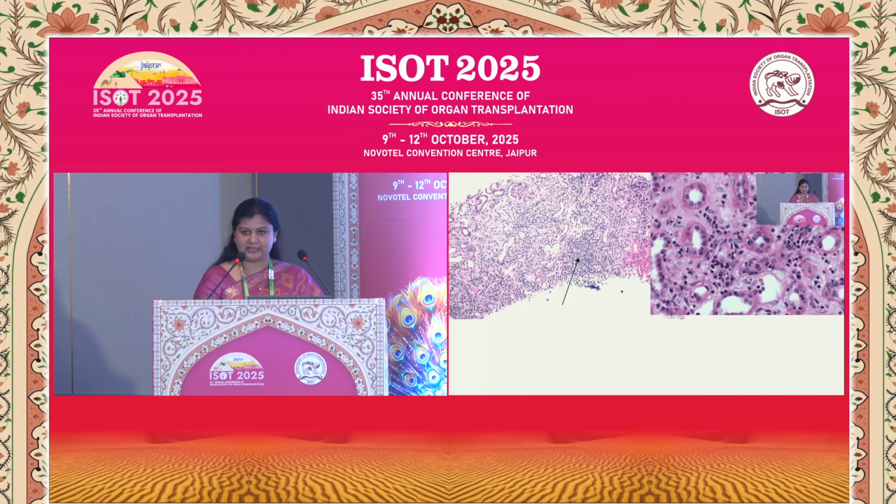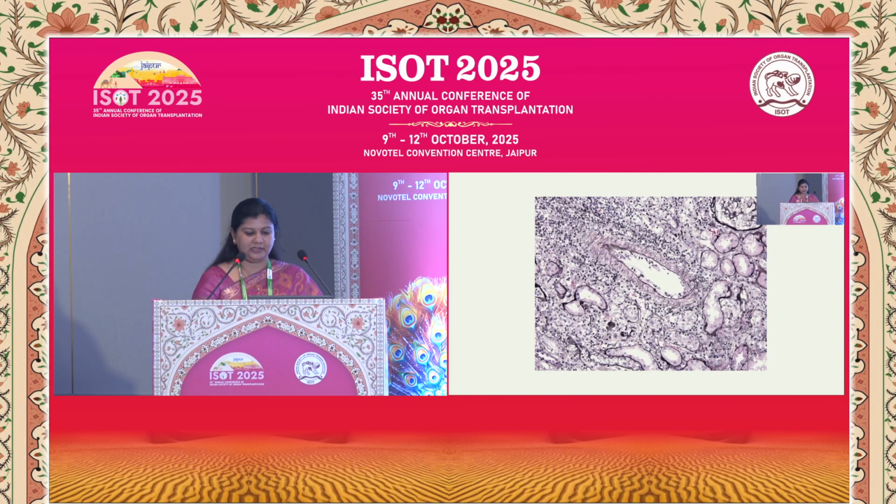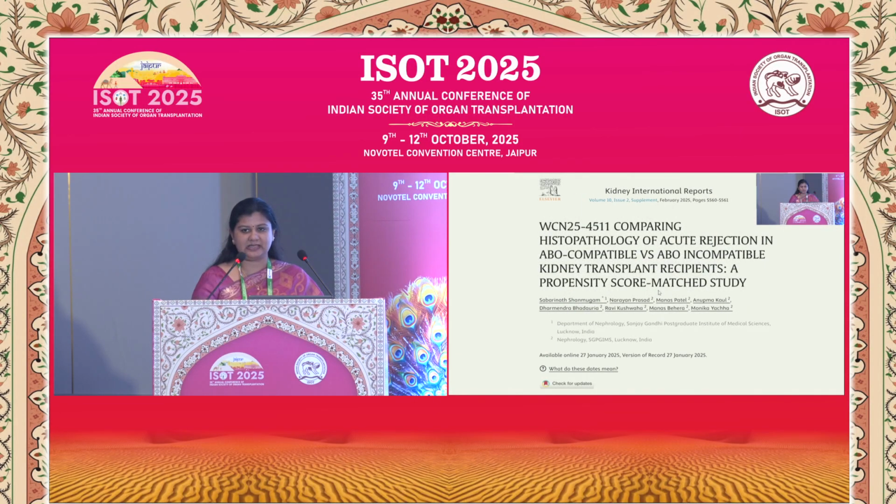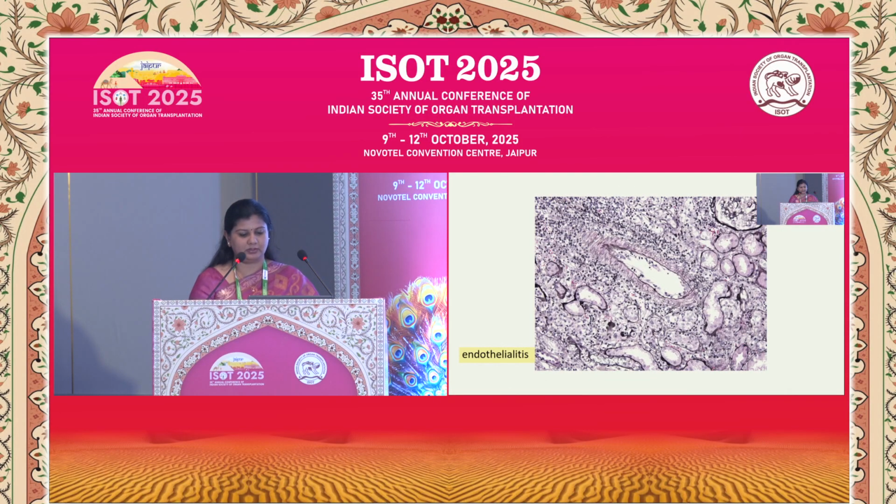We have interstitial inflammation, we have tubulitis, that is lymphocytes infiltrating the tubular epithelium, and we can also get lesions of endotheliitis, that is leukocytes infiltrating the vessel wall and also in the lumen. So TCMR is more or less similar to that in ABO compatible cases.